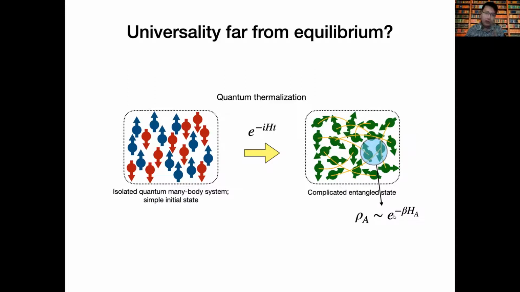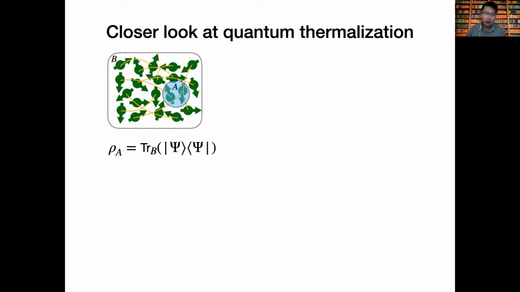So the question here is, what kinds of other universal behavior can emerge in non-equilibrium settings? And through this conference, we've heard of many examples like monitored quantum circuits, but I'll try to answer this from the point of view of analyzing the assumptions that go into quantum thermalization.